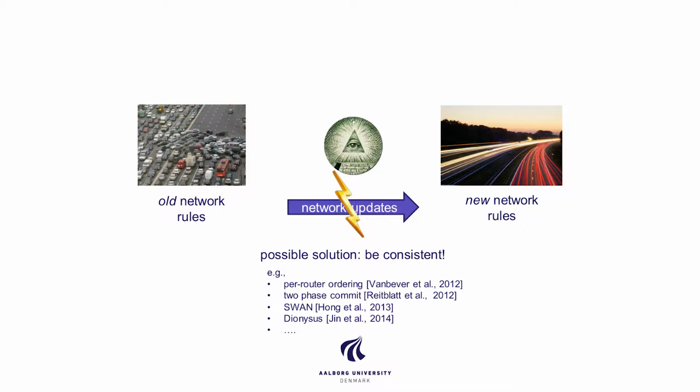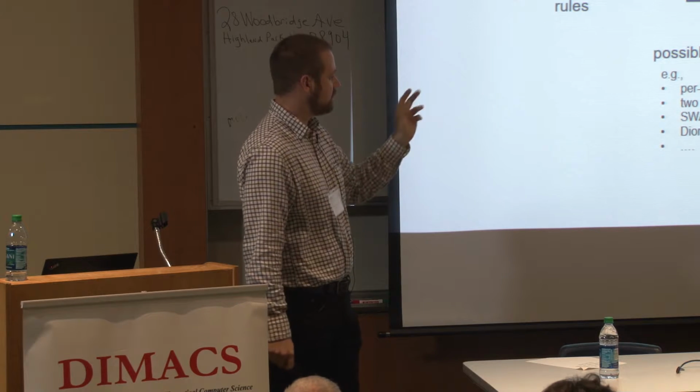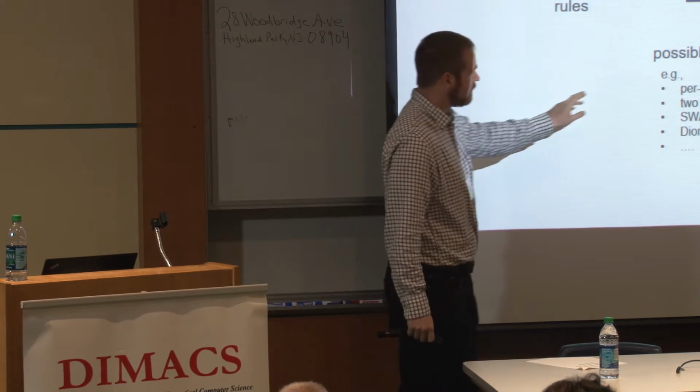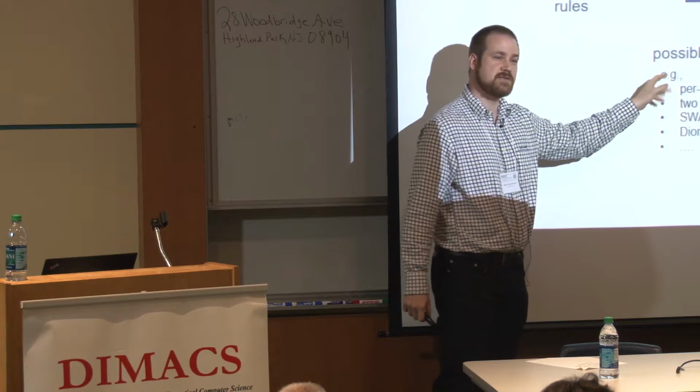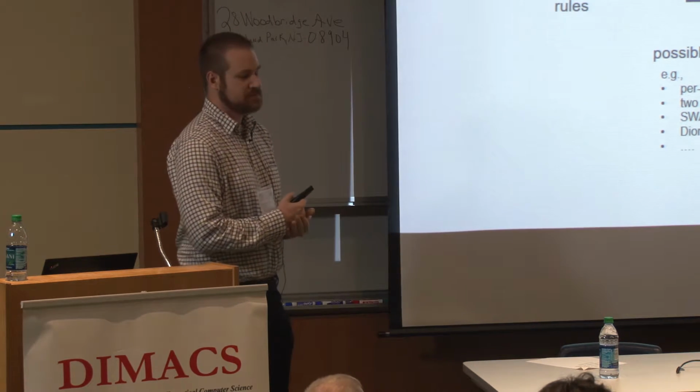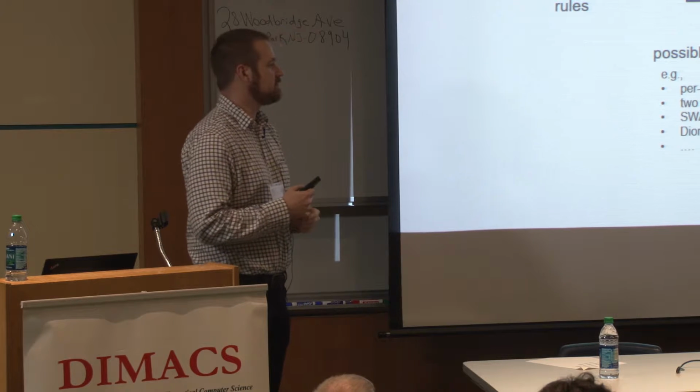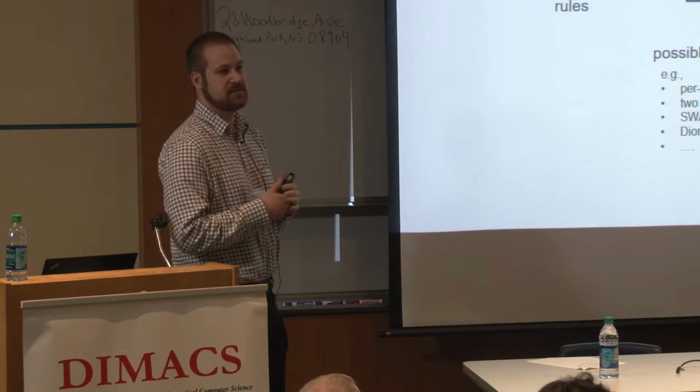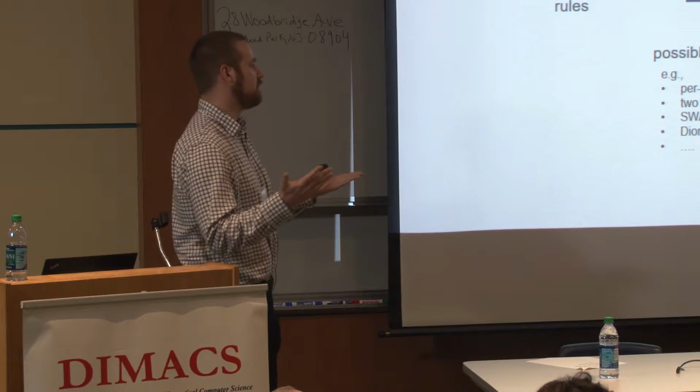And of course, I didn't come up with this. This was already done many years ago. For example, here from von Bever and others, to calculate some sort of router update ordering, or to do a two-phase commit where you attach tags to all packets, for example, to say now the packets are following the old rules.